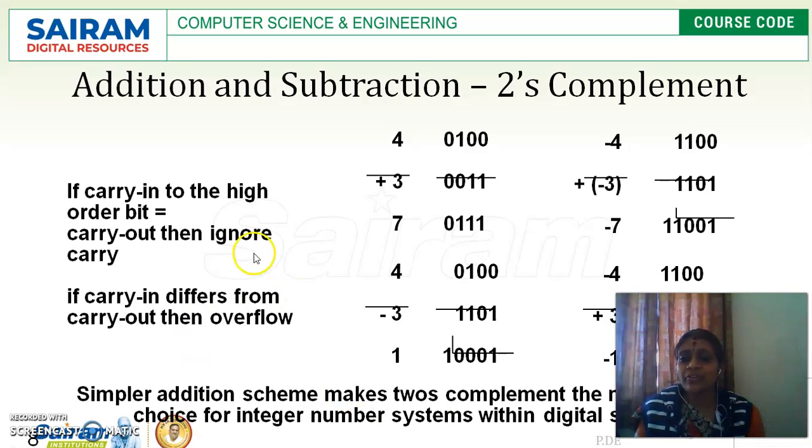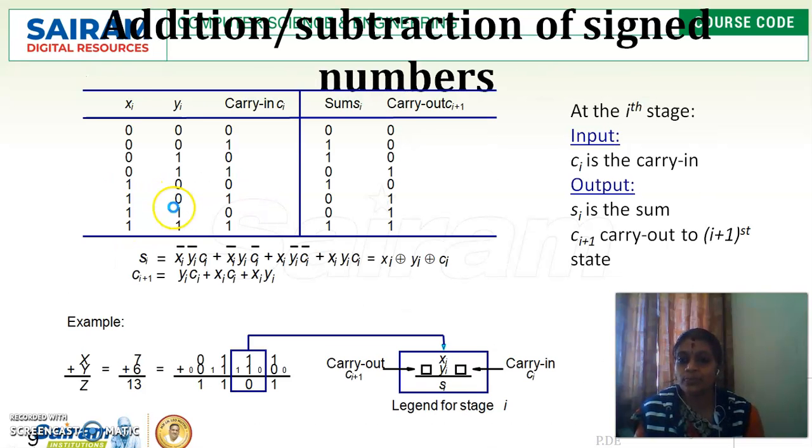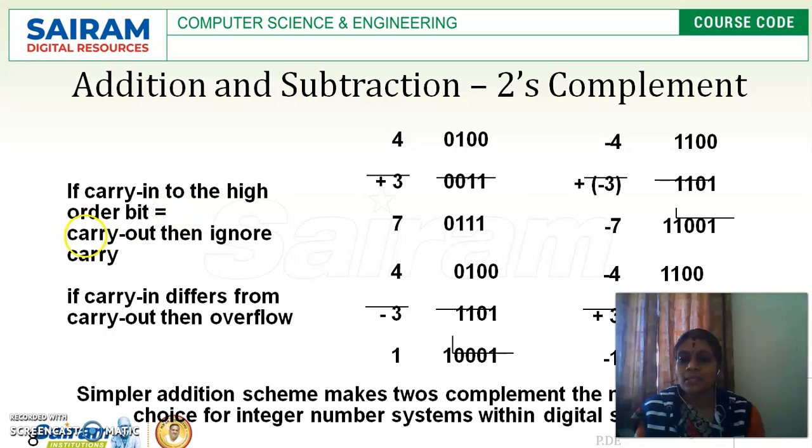Okay, so if carry in to the higher order bit is equal to carry out, then we have to ignore the carry. If the carry in differs from carry out, then it is considered as an overflow. If you see here, this is called overflow. This case is overflow, and here also this case is considered as an overflow case, right?